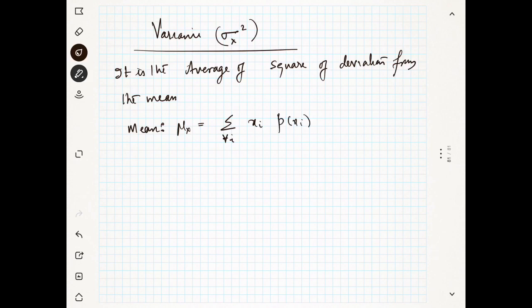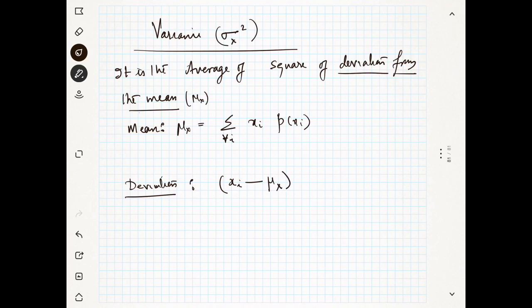Now what is the deviation? What do you mean by deviation from the mean? The mean is mu x. So deviation from the mean means you have the random variable xi, which has a difference from the mean of the random variable, mu x.